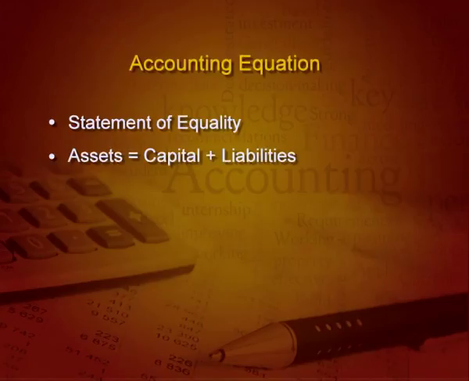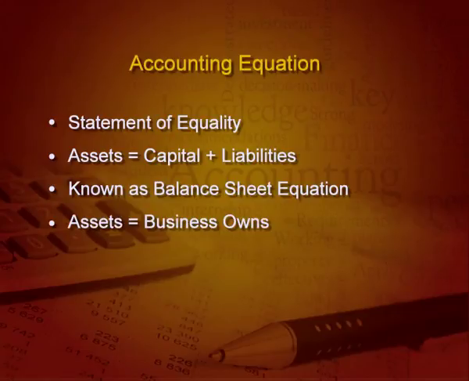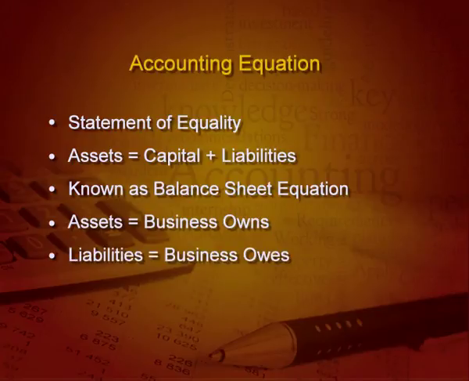The accounting equation is assets equal capital plus liabilities, which means whatever money we have invested, that is capital, and whatever money we have borrowed, that is liability, both when equated make the assets of the business. So, this is also known as the balance sheet equation. Assets are what the business owns and liabilities are what the business owes, that is, the business has to give it back.